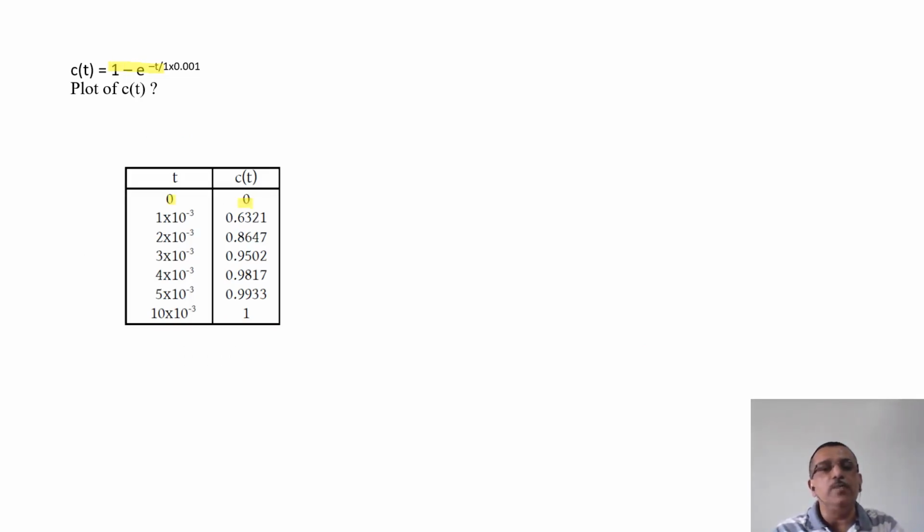When t is equal to 1 millisecond, you will get 0.6321. This guy is very important. Why is this guy important? When t is equal to 1 time constant, your response will reach 63%. So if you want to find the time constant of a system, you look at how long it takes to reach 63% of the steady state value.